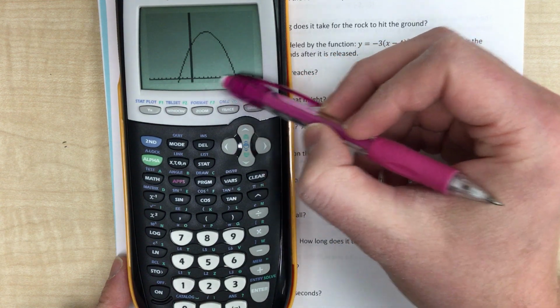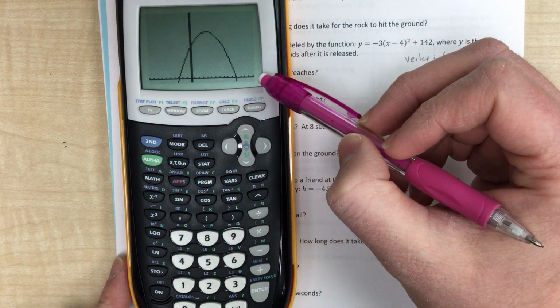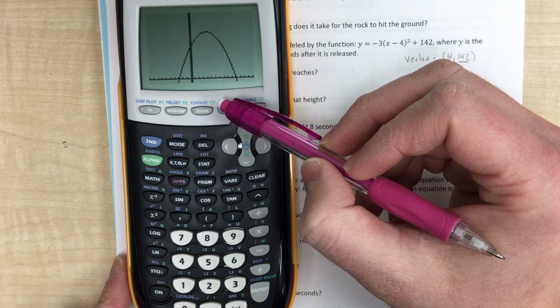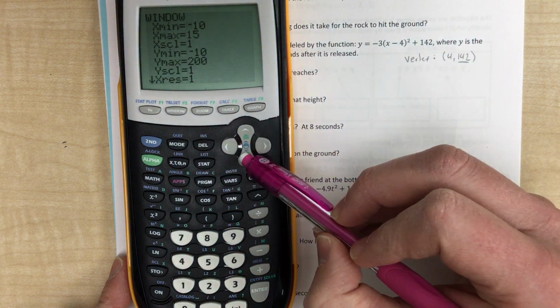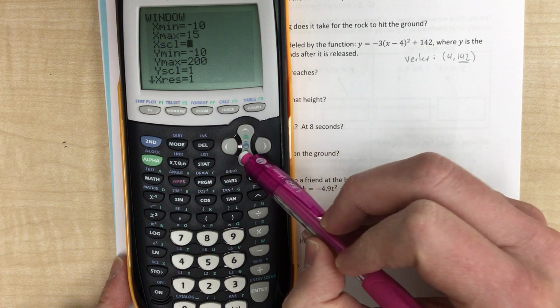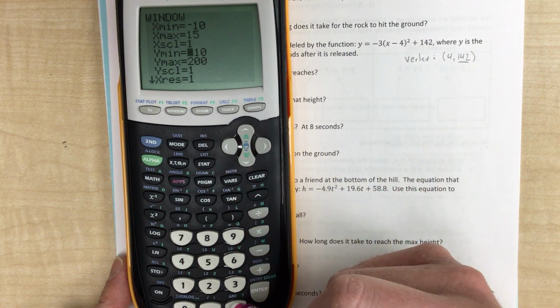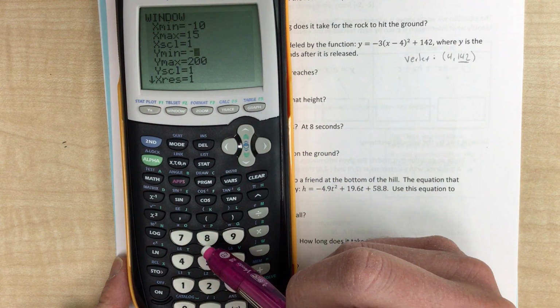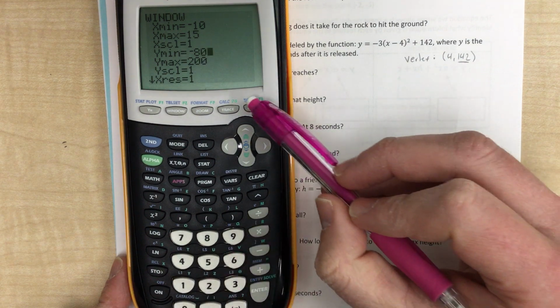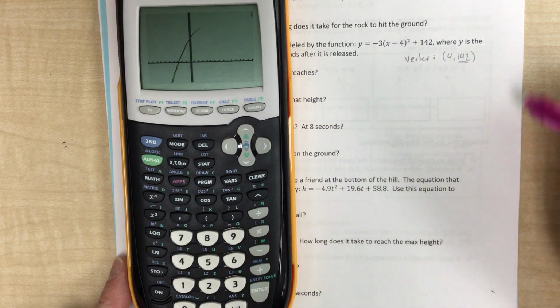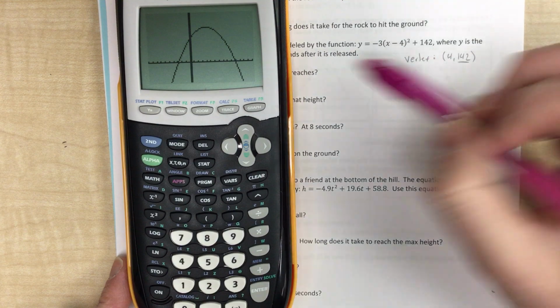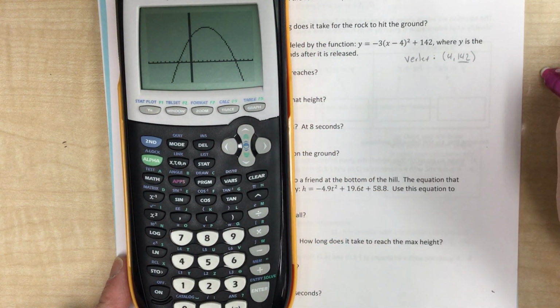So let's change our y min, again, click window and then scroll down to y min. Let's maybe do -80. That sounds good to me. Now when you're trying to calculate these things, you'll be able to see that still.